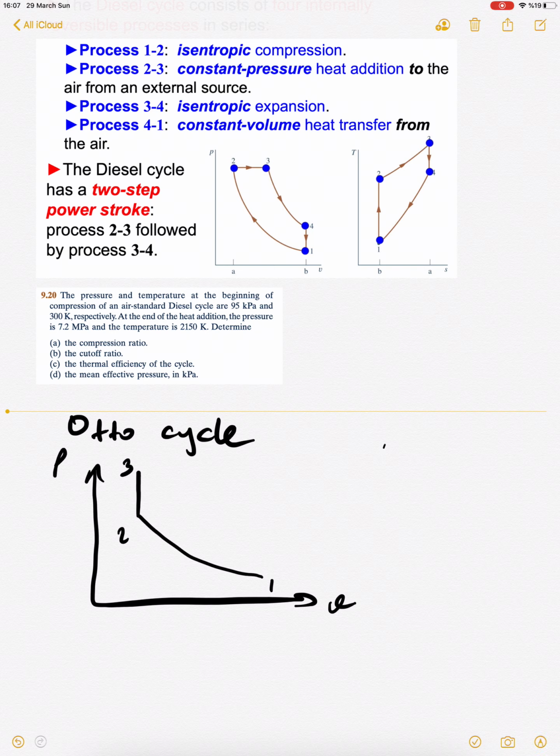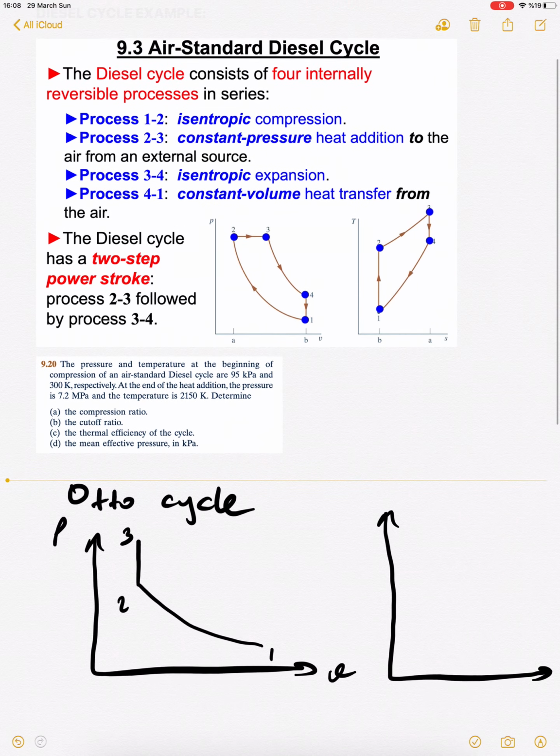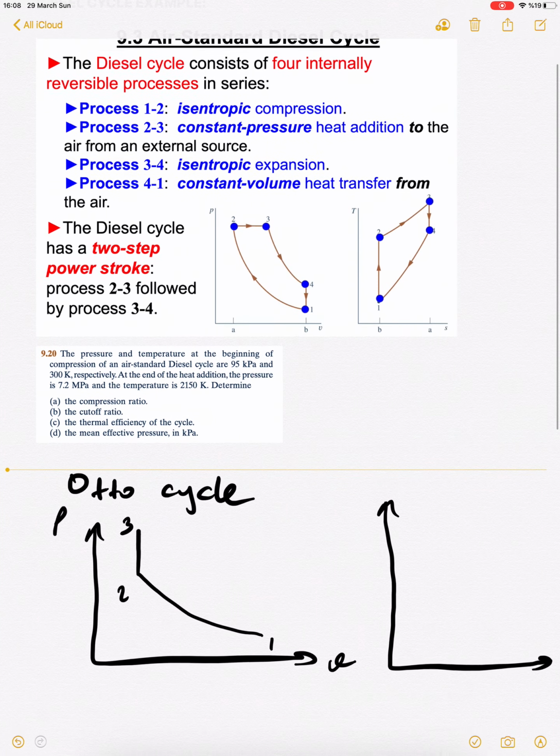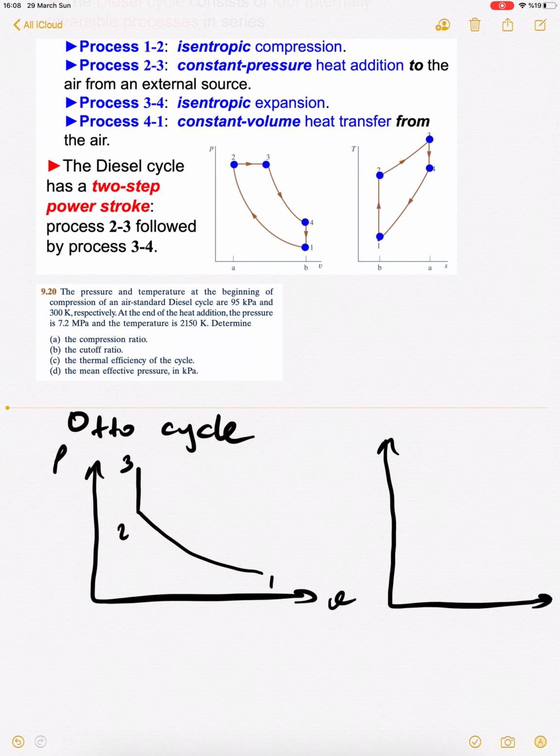However, in a diesel cycle, we have 1 to 2 again similar, but this time instead of going up at constant volume, we go at constant pressure.